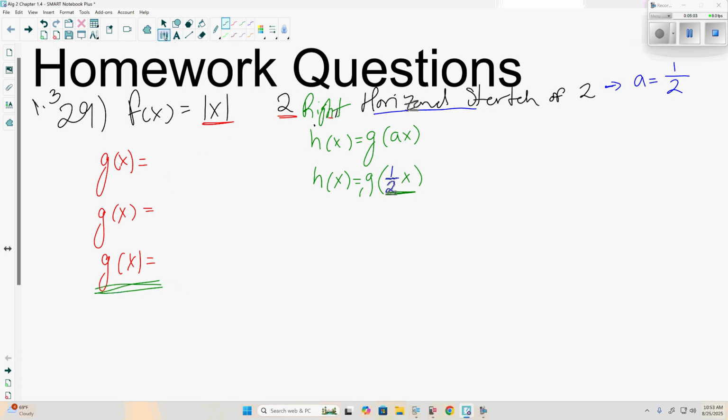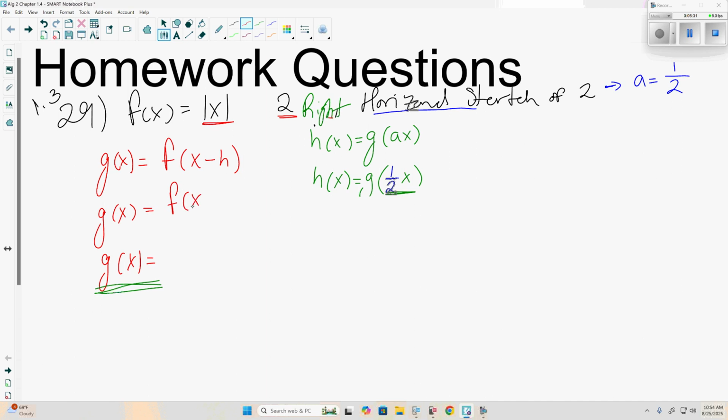The reason this makes a difference is that up and down was f of x plus k. Left and right, I actually said horizontal, said the right thing, but I was writing the wrong form. Horizontal translation is f of x minus h. This is our left-right, where h is the amount that we move left or right.